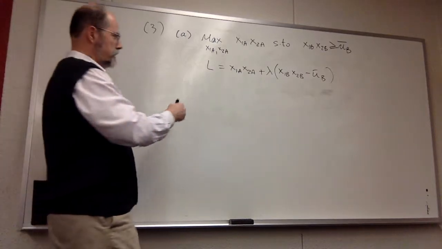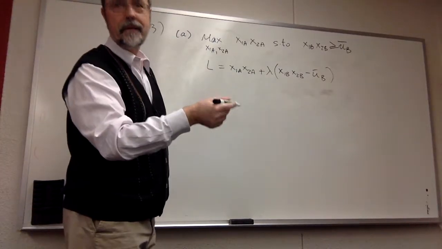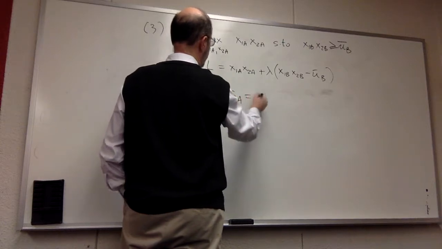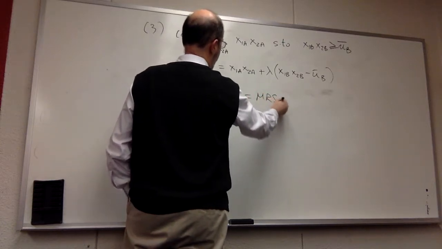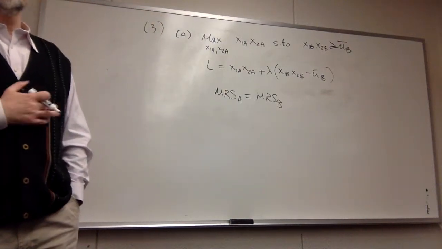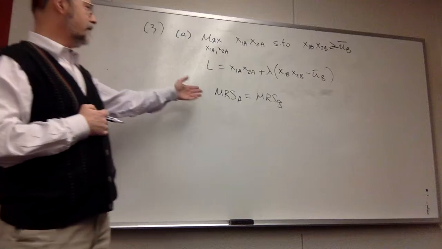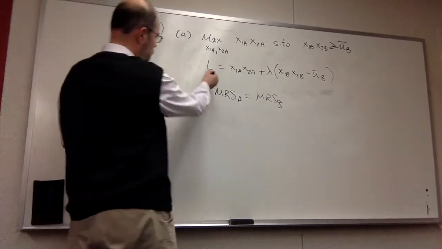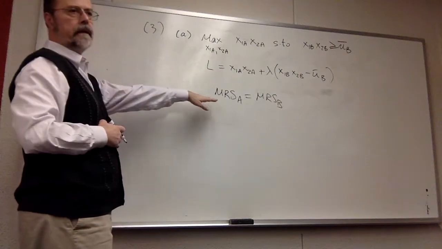And from this, you should be able to very quickly prove that the two marginal rates of substitution have to be equal. Do it. I'm not going to do all of these little details. This is easy. Once you have that, then you will have, so I'm not doing this step, but what would it mean here to say this?